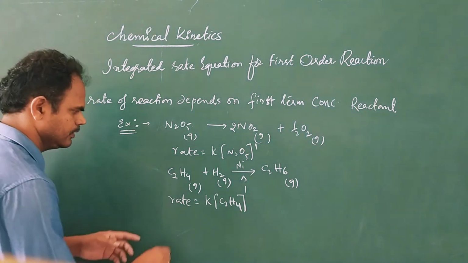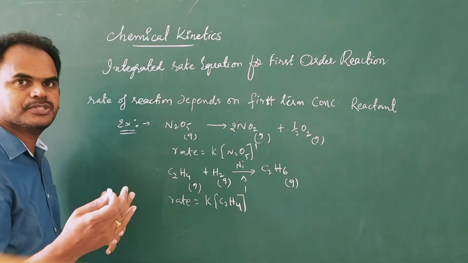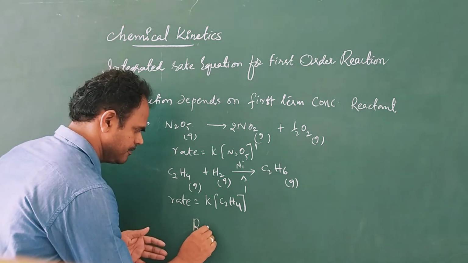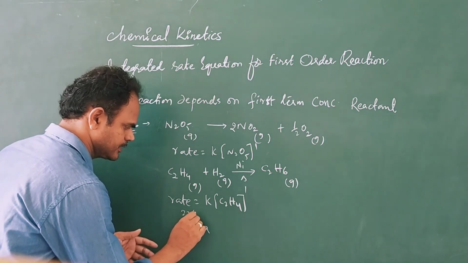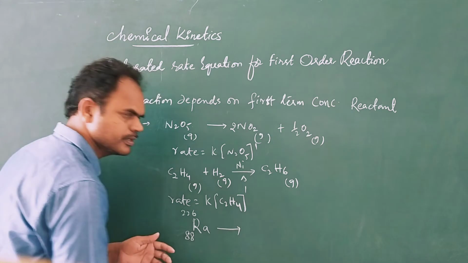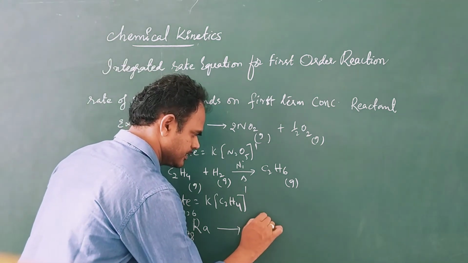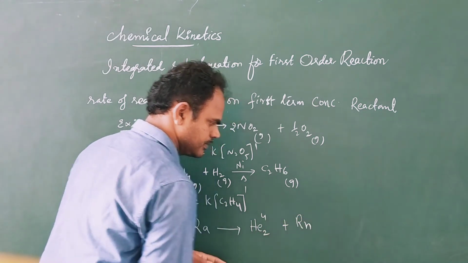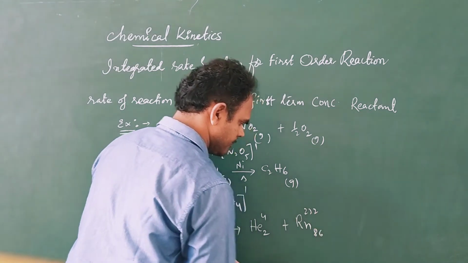And the third one, most of the radioactive disintegration reactions. Radium, atomic mass 226, atomic number 88, undergoes radioactive disintegration, produces alpha rays, helium, plus radon, mass number 222, atomic number 86.